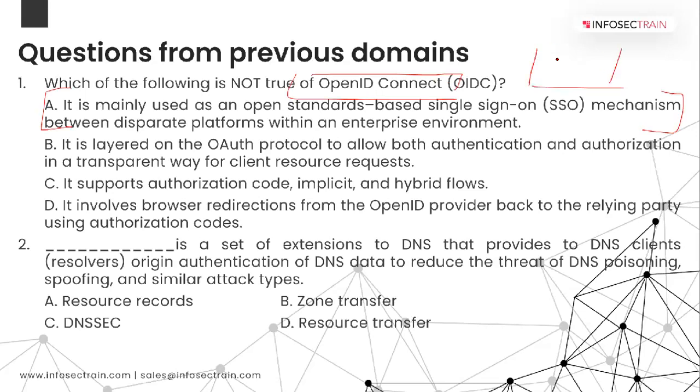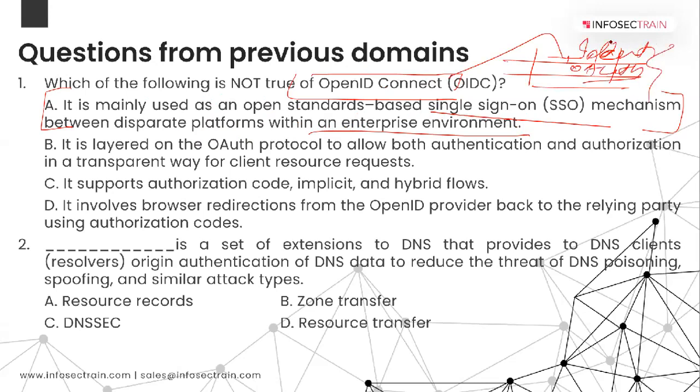What we are talking about here is a single sign-on mechanism between disparate platforms within an enterprise environment. OpenID Connect is basically an identity provider for OAuth. Wherever we implement this, we implement both in order to achieve SSO. The rest of the statements are true for OpenID Connect, but OpenID Connect is an identity provider for SSO.